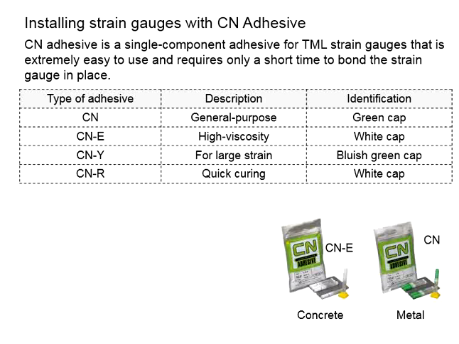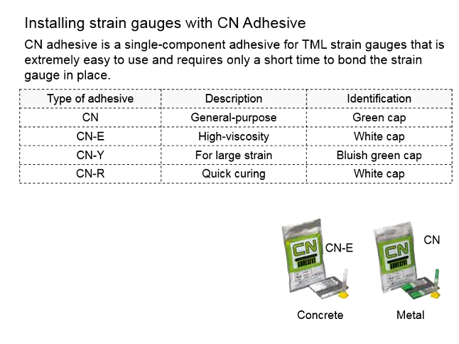In fact, they also differentiate different types of adhesive by the color of the cap, which is this one and this one. For the applications of the concrete, for CNE, it is white cap. As for CN, it will be green cap.